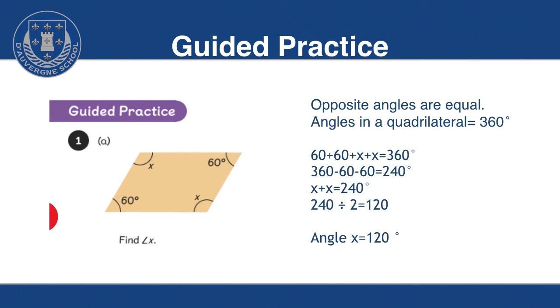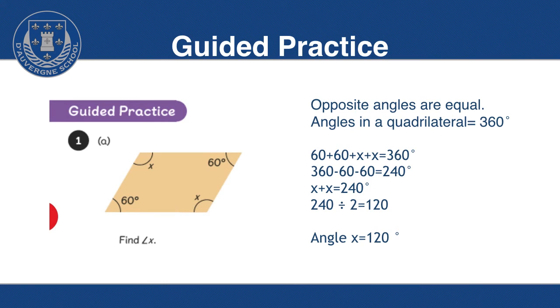Therefore, we know that 60 plus 60 plus x plus x has got to equal 360 degrees. So if we do 360, that's the total, take away both lots of 60, we get 240.